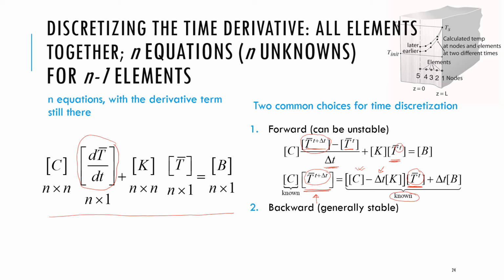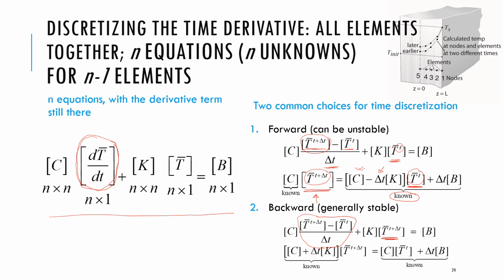So this is a set of algebraic equations, like I showed in the matrix form before. The other choice of changing the time derivative is this way, where the temperature here is taken at the time step to be calculated. That makes it implicit, which makes it a bit different.